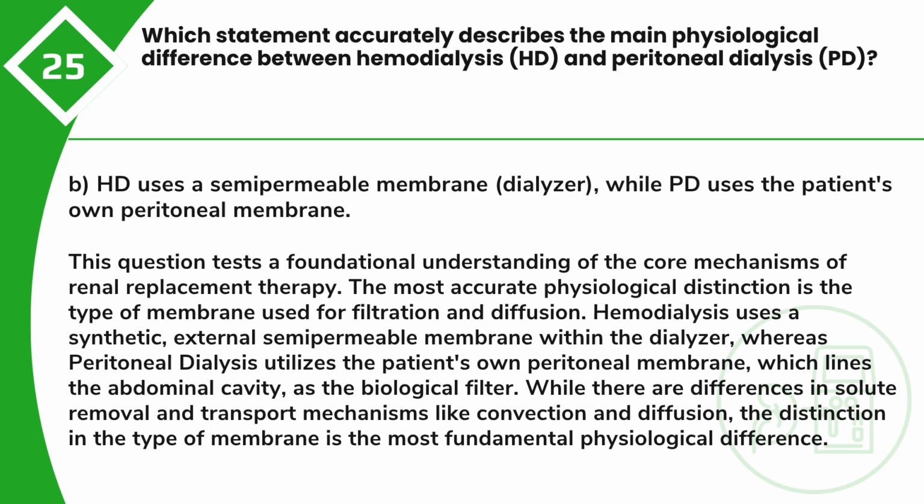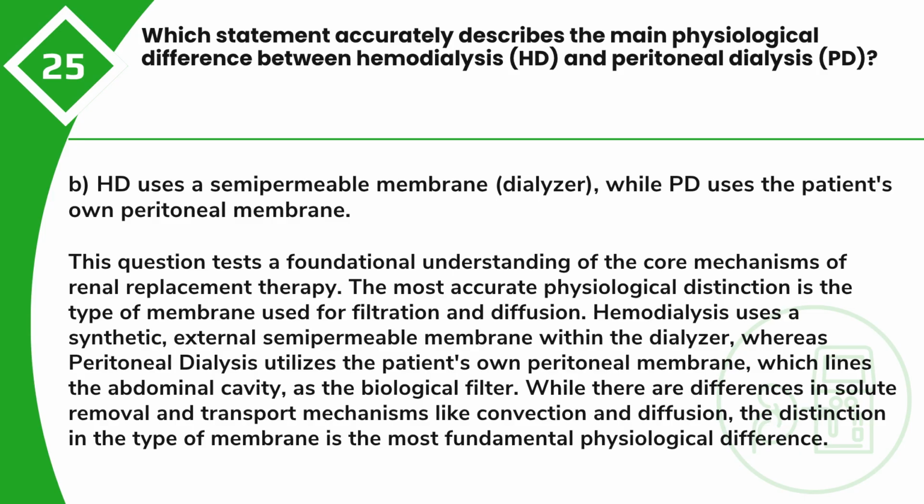Answer. B. HD uses a semi-permeable membrane dialyzer, while PD uses the patient's own peritoneal membrane. This question tests a foundational understanding of the core mechanisms of renal replacement therapy. The most accurate physiological distinction is the type of membrane used for filtration and diffusion.